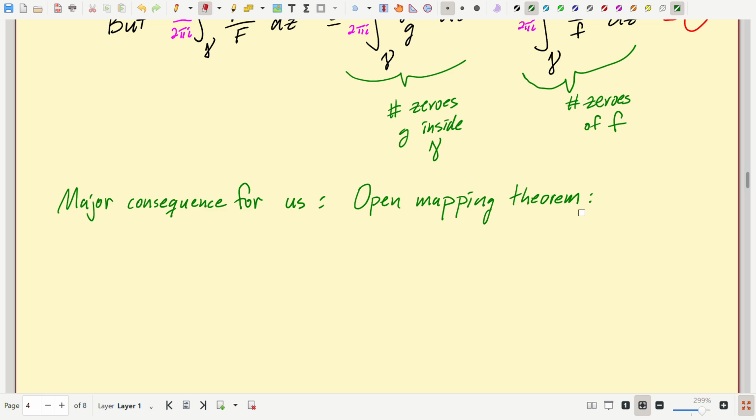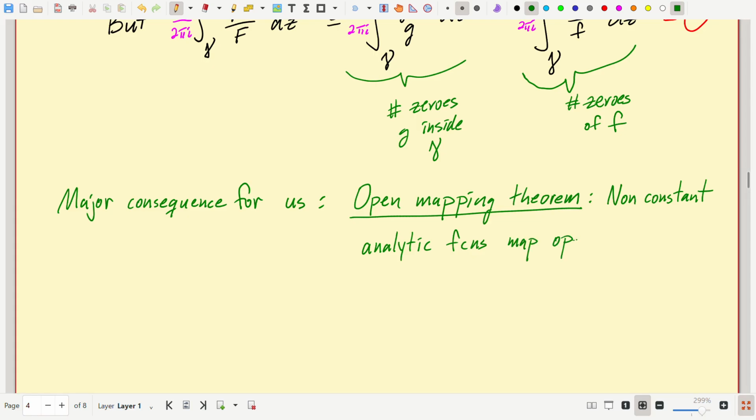So the open mapping theorem says non-constant analytic functions map open sets to open sets.